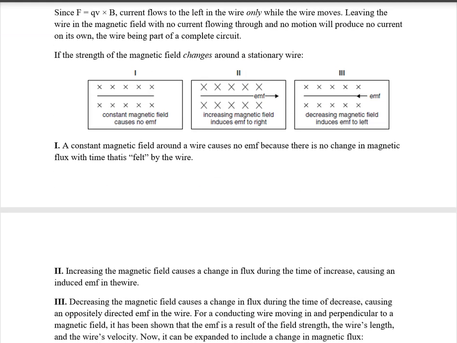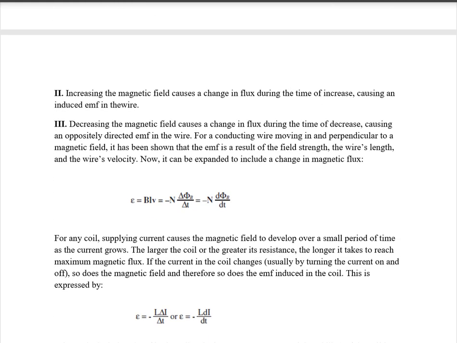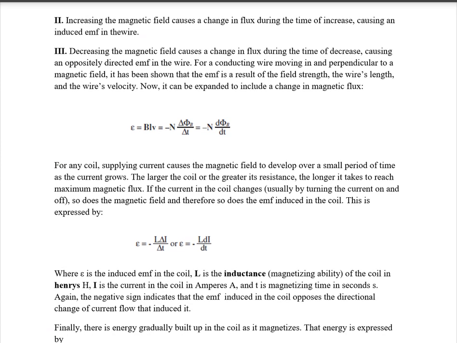Okay, the other thing is self-inductance and mutual inductance. First, when we say self-inductance, it is the induction because of its own current. That means to calculate the induced EMF, this equation is used to determine the self-inductance.